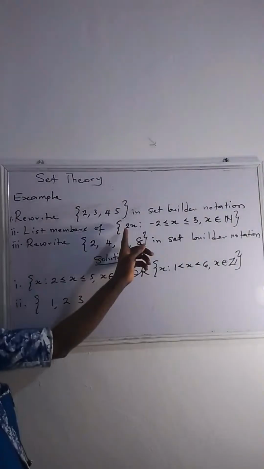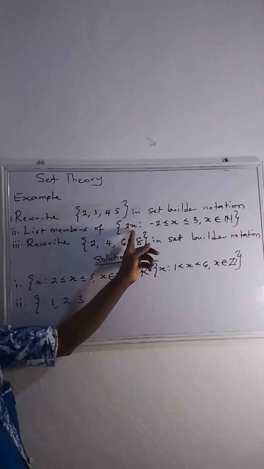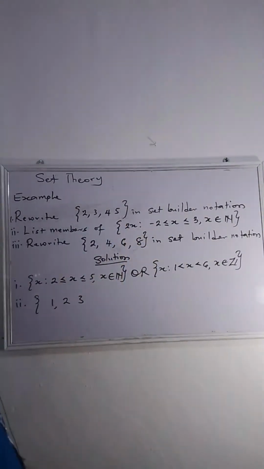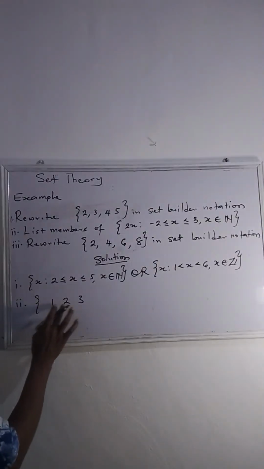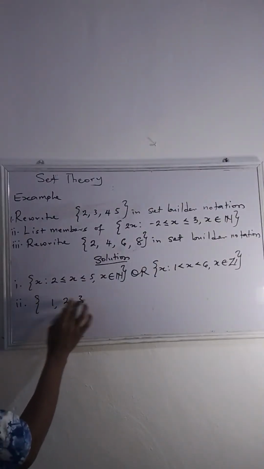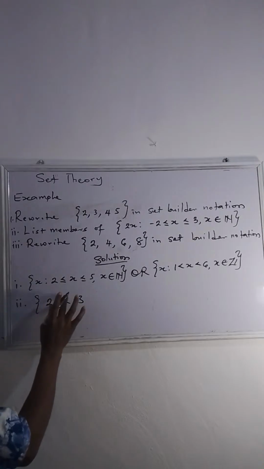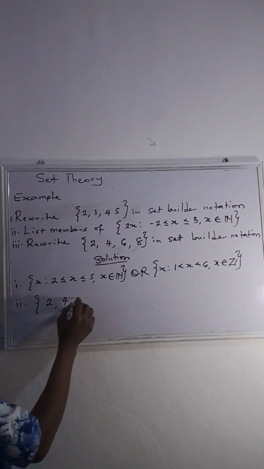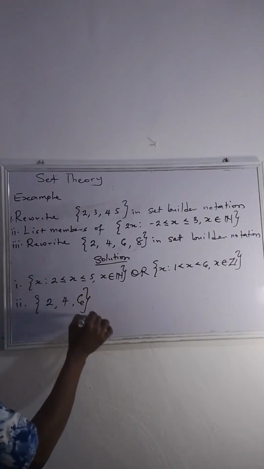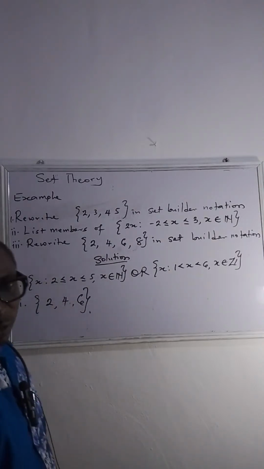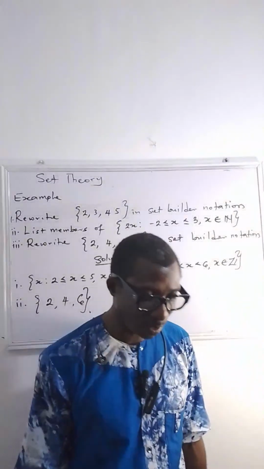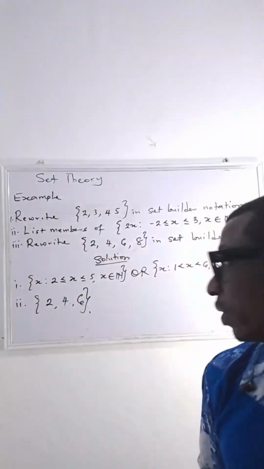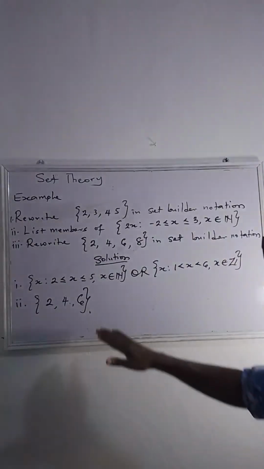But you can see a condition here that all values of x should be multiplied by 2. So 1 times 2 gives 2, 2 times 2 gives 4, and 3 times 2 gives 6. Good. Virtually all of us got the answer. Please give yourself a round of applause. That is the answer to that.